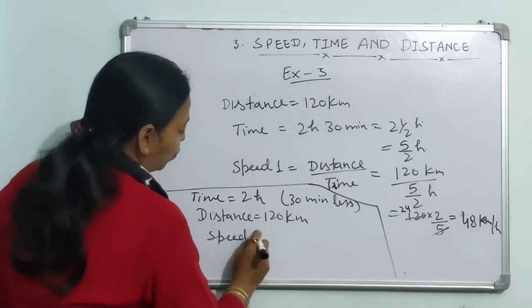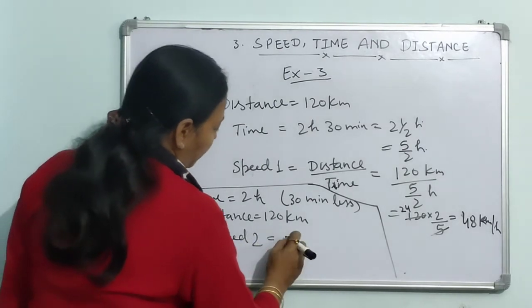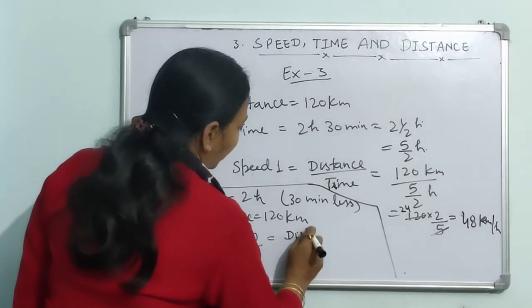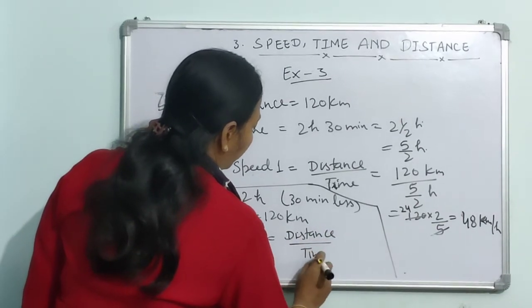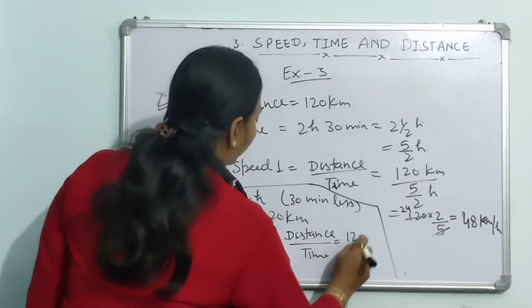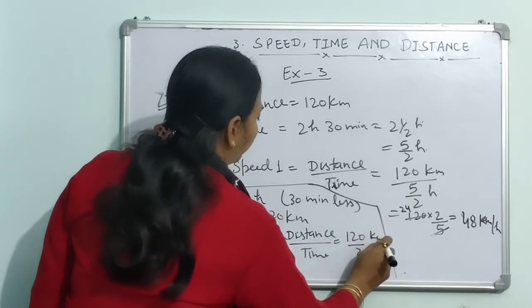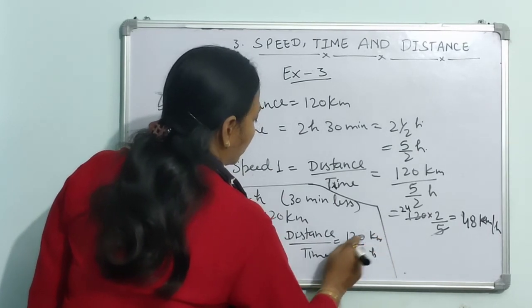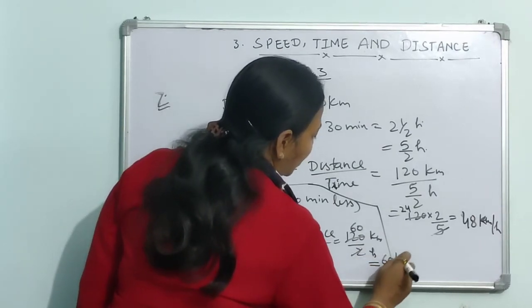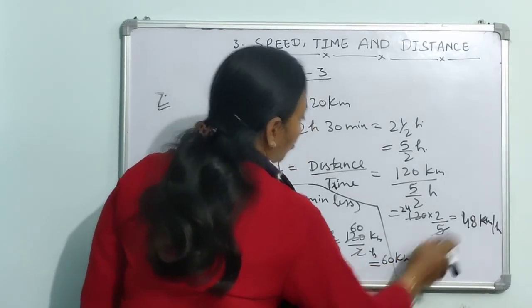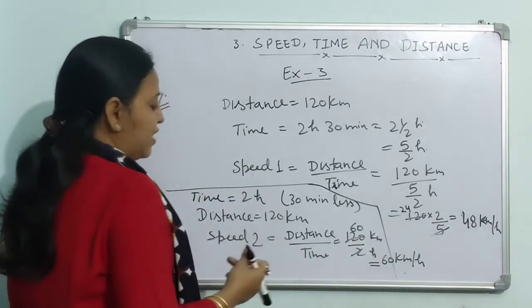Speed 2 is equal to distance upon time again. Distance upon time means 120 by 2, 60. So the second speed is 60 kilometer per hour. So you can find out what is the increase in the speed.